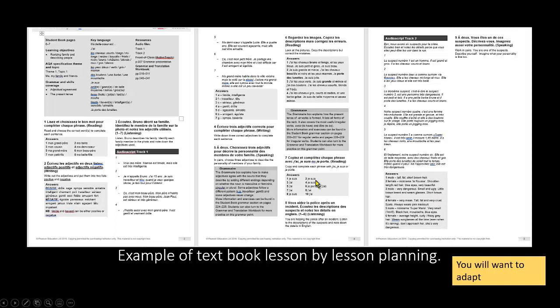So they will give an overview of your unit, but also, for example, here's a lesson, and it's very specific. You've got what the background is, the grammar, what's the key language, what are the resources, extra resources, and it takes you through a sequence which you could use.